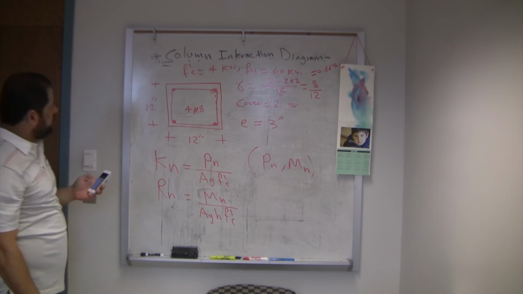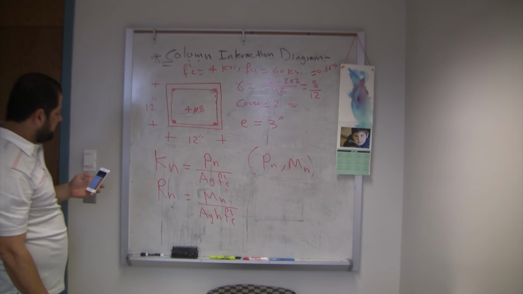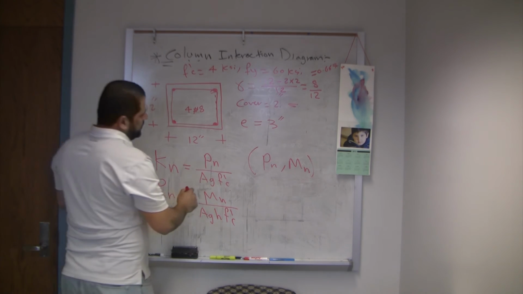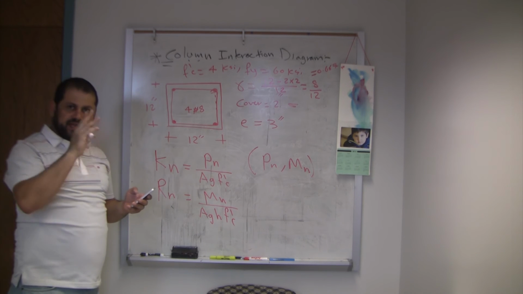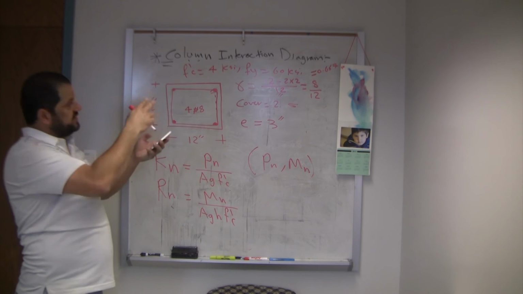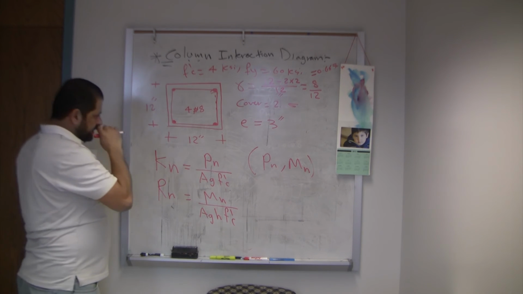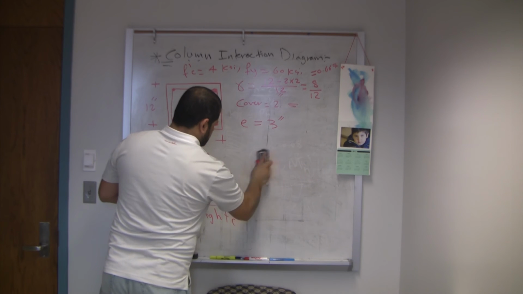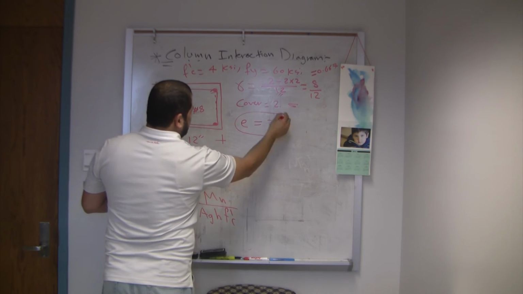So gamma equals 0.67. For the interaction diagram, I have 4.6 and I have 4.7, and for 0.667 I need to interpolate. This is how I do it. And E is that much.